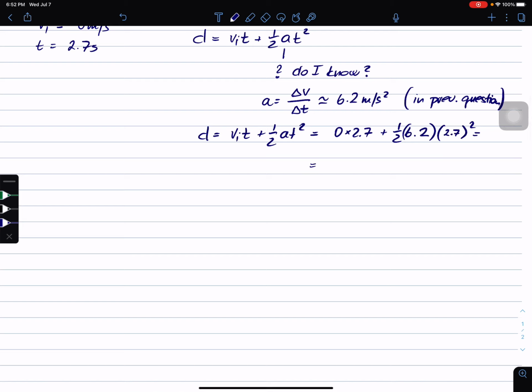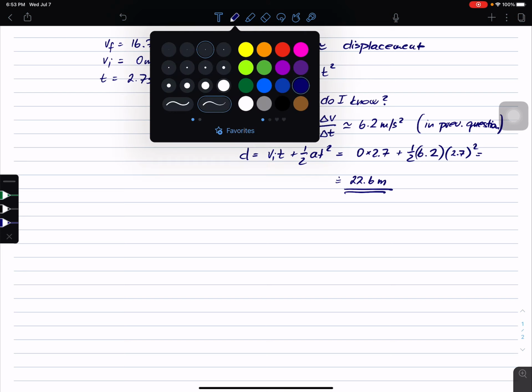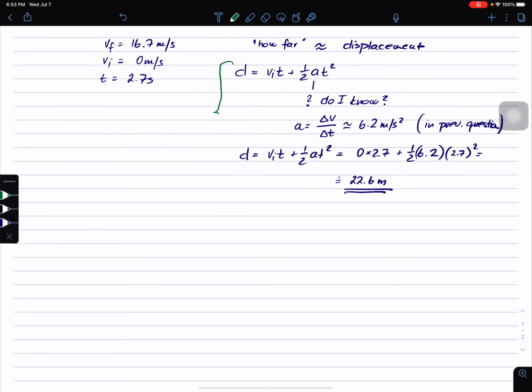If I calculate this, just give me a second, I need to get my calculator. 6.2 times 0.5, if I have it all correctly, I am getting about 22.6 meters. That's my displacement. So this would be okay as one of the options. Option 1.